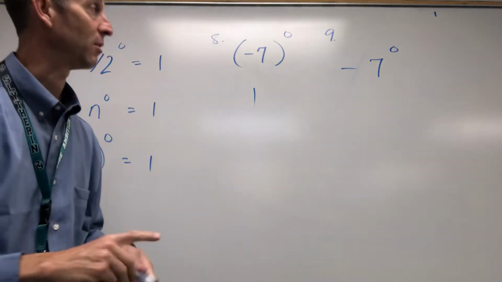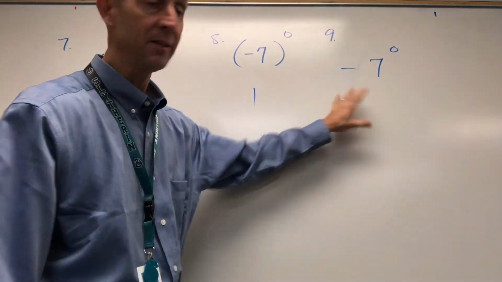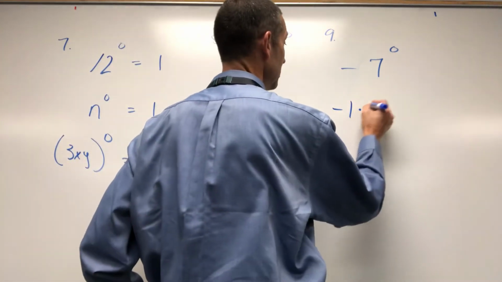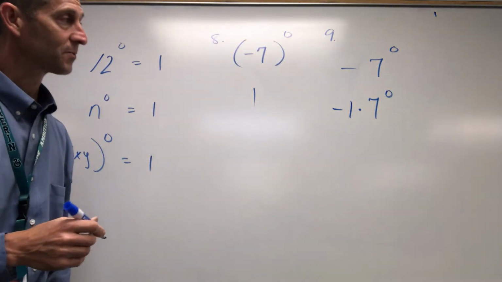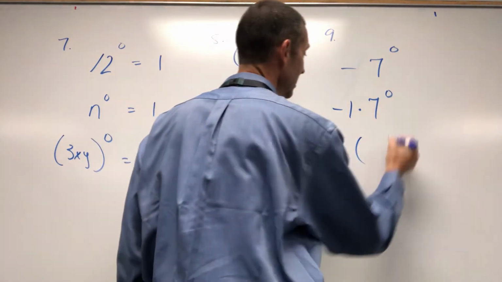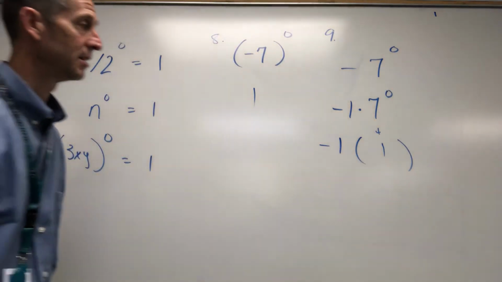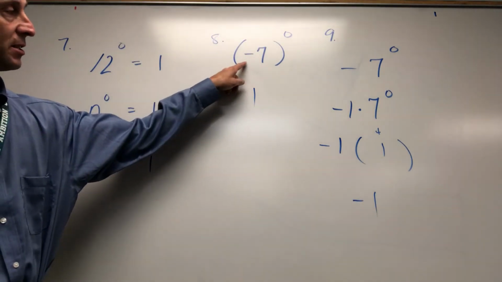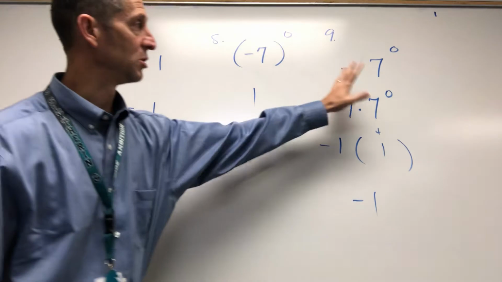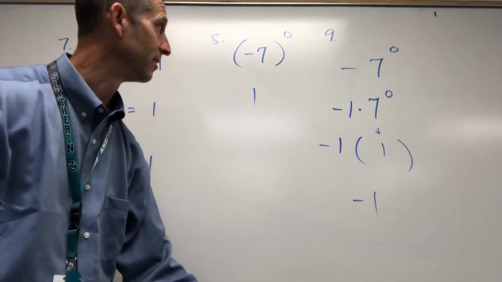There's no parentheses, so what this really means is negative 1 times 7 to the 0. So negative 1 and then 7 to the 0, this turns out to be 1. And then negative 1 times 1 is negative 1. So inside parentheses just turns out to be 1. But if there's no parentheses, be careful. Write in that negative 1.